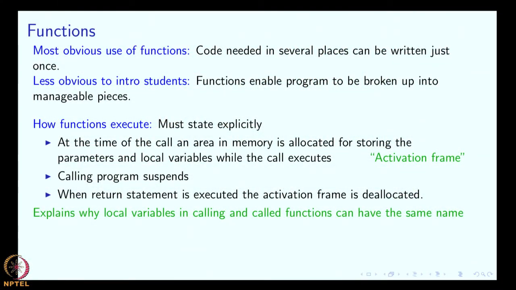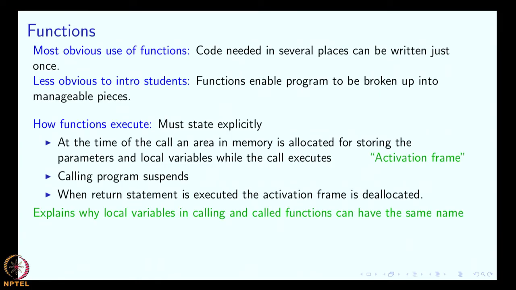This is needed because it explains why local variables in the calling and called functions can have the same name. Even if I write I inside the function, that I doesn't mean the variable in the main program. So the notions of scope and lifetime get very nicely understood if you talk very clearly about activation frames.